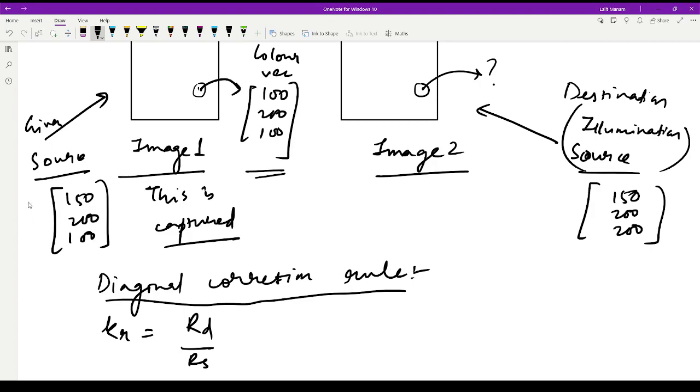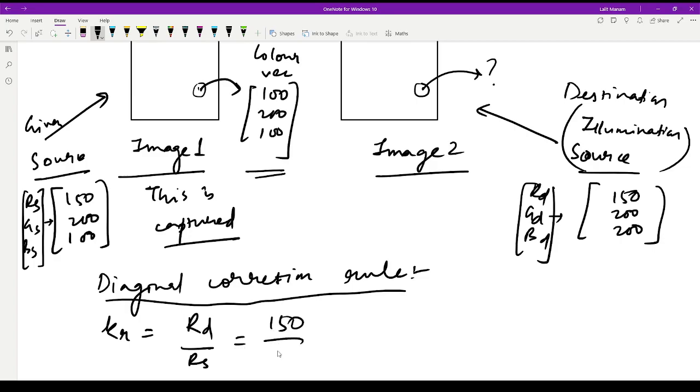So these intensity values are given by RS, GS, and BS, and this is given by RD, GD, and BD. Okay, fine. So we just need to find the gain values.